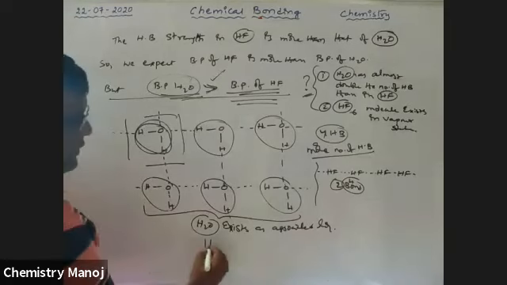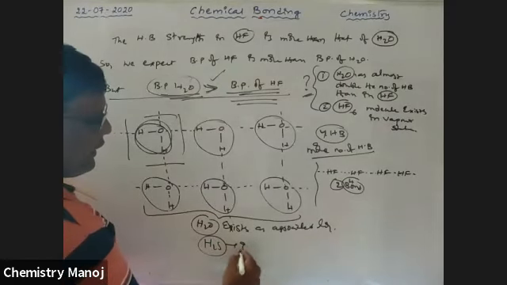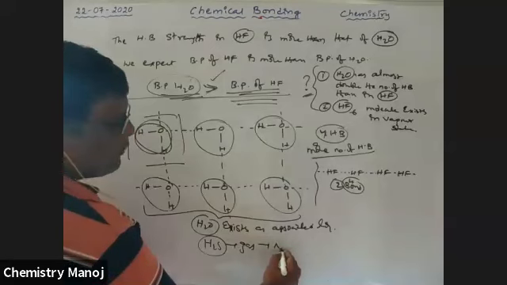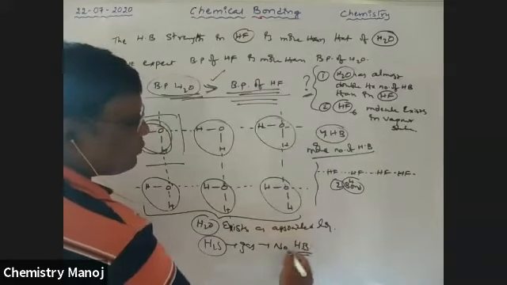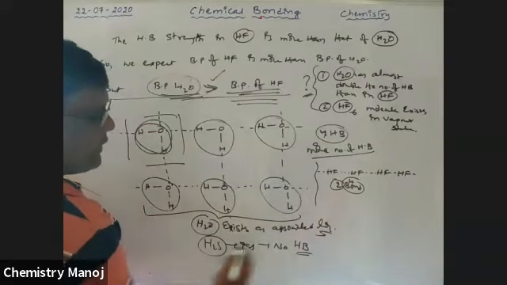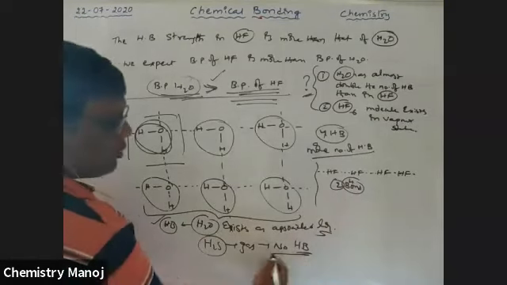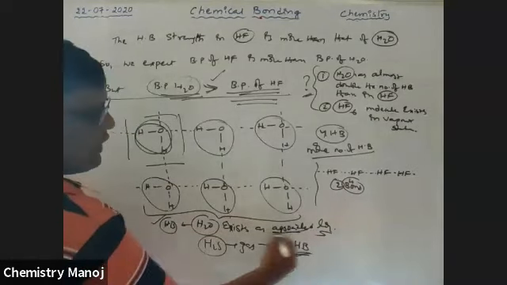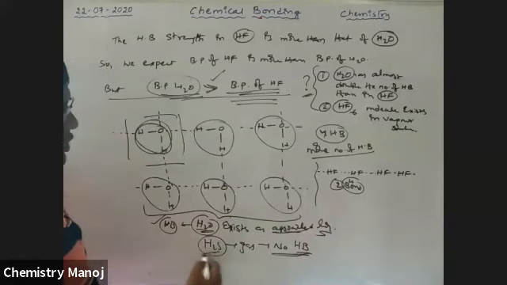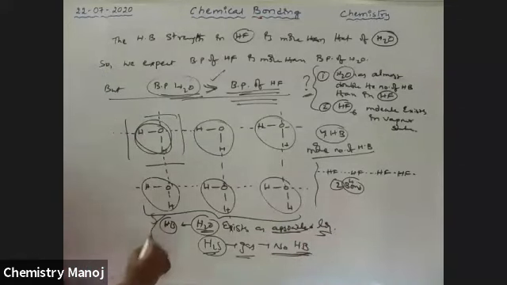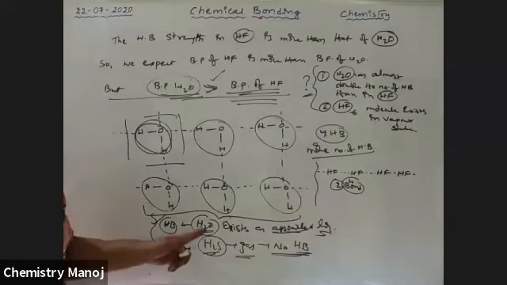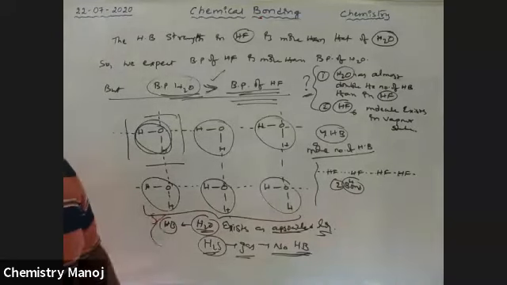But H2S, the same group hydride, is a gas because there is no hydrogen bond. Here hydrogen bond exists, here no hydrogen bond. Therefore, associated H2O is a liquid and H2S is a gas. So it is also important, boys. H2O is liquid, but H2S is gas at room temperature. Why?